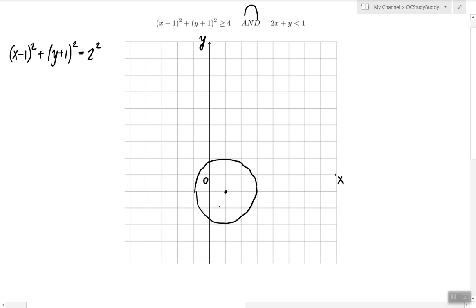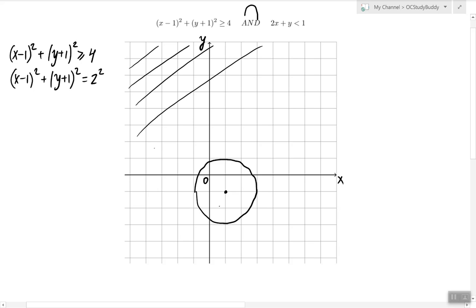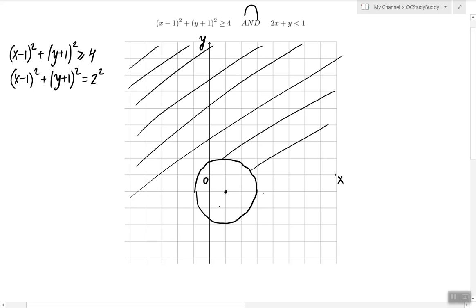And since we have a greater or equal sign there, that means we are going to shade outside of this circle. So the solution of the inequality on the left is the region outside of this circle.